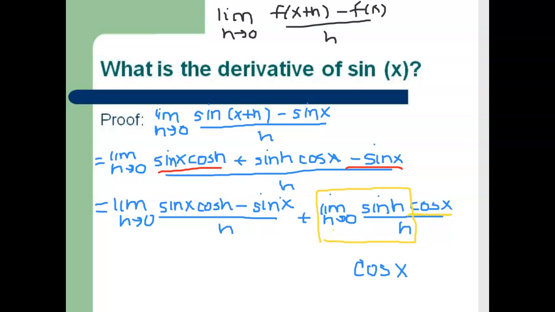What can I do over here? What can I do with sine x? I can factor it out. Fantastic. And sine x is like a constant because we're looking at the limit of h.